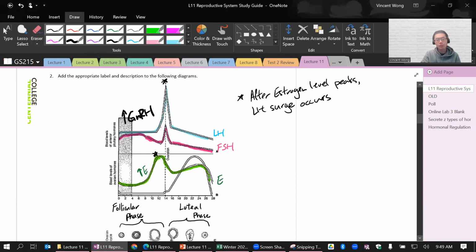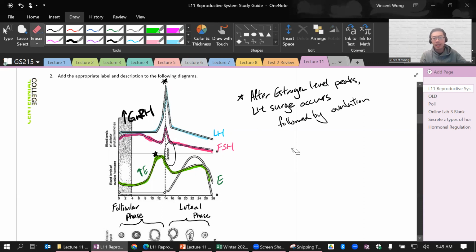Because remember, the estrogen goes back to the hypothalamus, and then it increases the GnRH through positive feedback, which then leads to the LH surge. So you can see in this graph, the LH surge corresponds to the timing of ovulation. LH surge occurs, followed by ovulation.